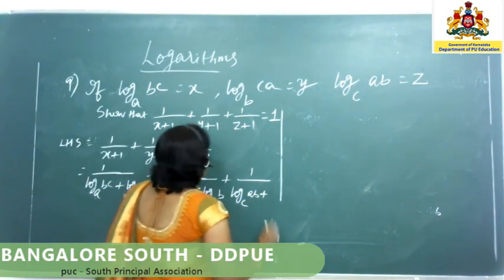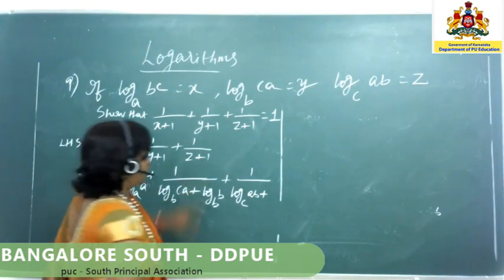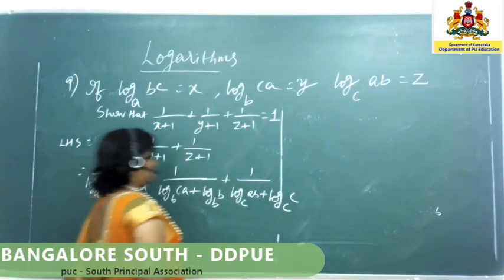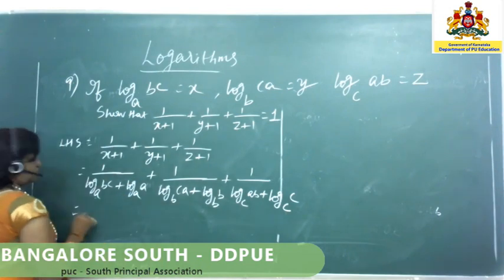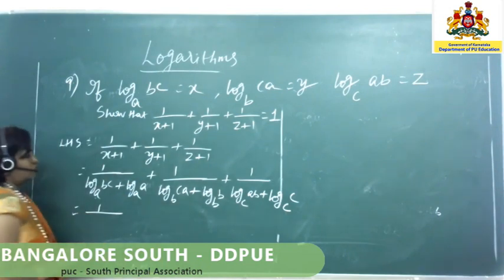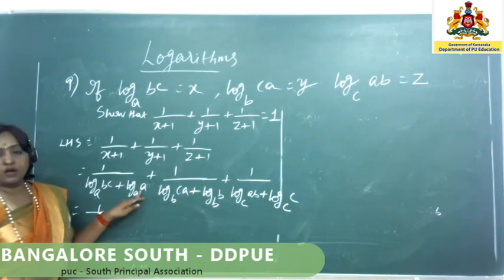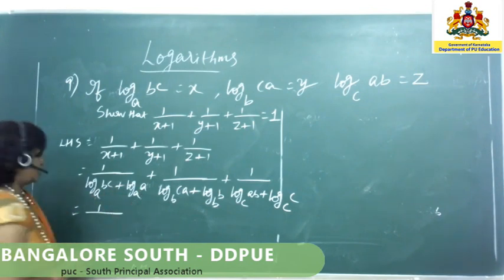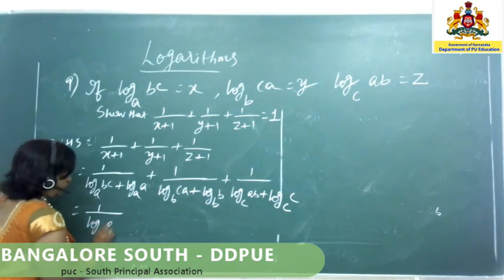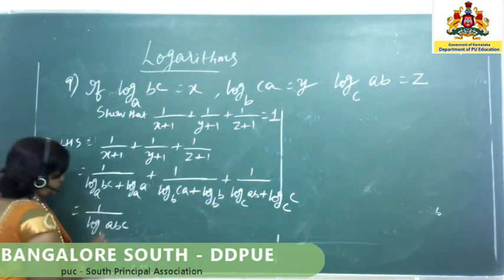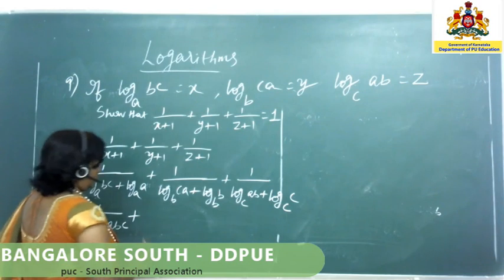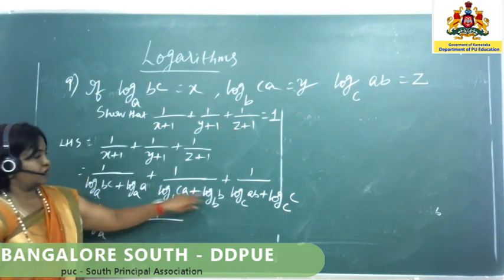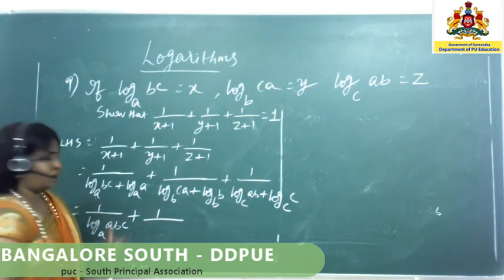So here in the place of 1, I'll be substituting log c to base c. So this is equal to 1 by log BC plus log A is log ABC, because the base is the same, it is A. So log ABC to base A plus 1 by CA plus log B is log CAB or ABC.